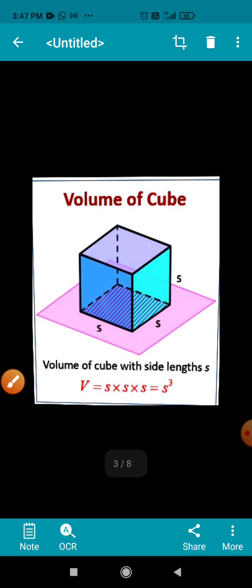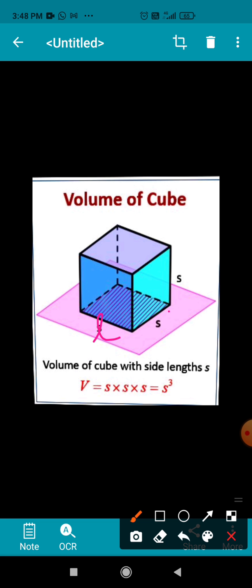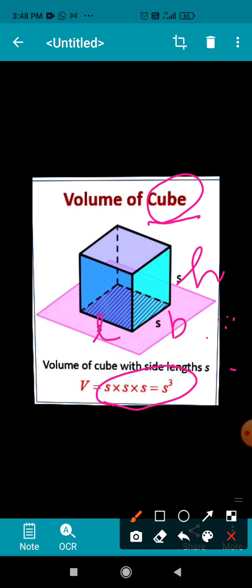And here you can see this solid shape, in which length, breadth and height are equal, and it is known as a cube, right? And to get the volume of a cube, we will multiply all three sides, as volume is three-dimensional, right?